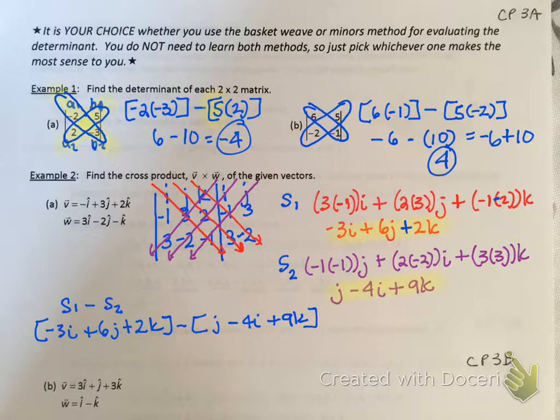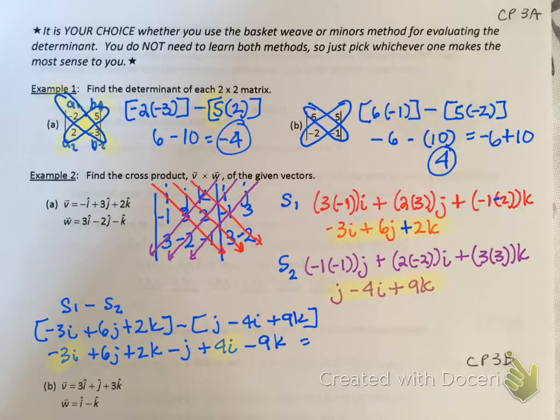I always check my work. It's a good thing to do because if you miss a little thing like a little negative sign, it can throw everything off. Okay, so I have negative 3i plus 6j plus 2k minus j minus 4i plus 9k. Now I'm going to combine like terms. But before I do that, let's go ahead and distribute that negative. So I get negative j plus 4i minus 9k. Okay, what does this equal? I'm going to add the i's together.